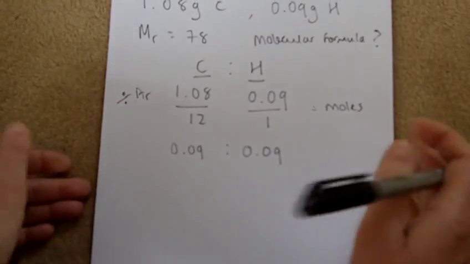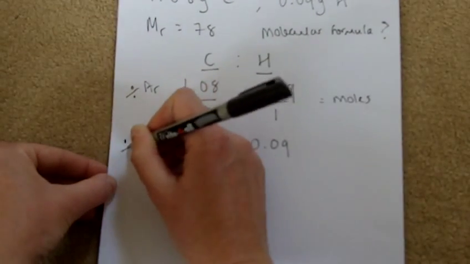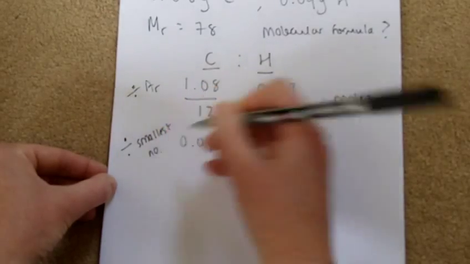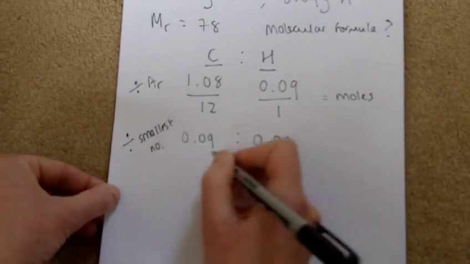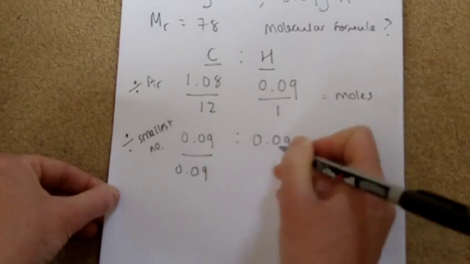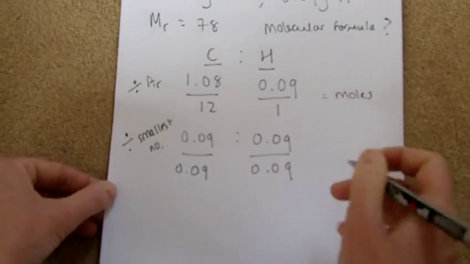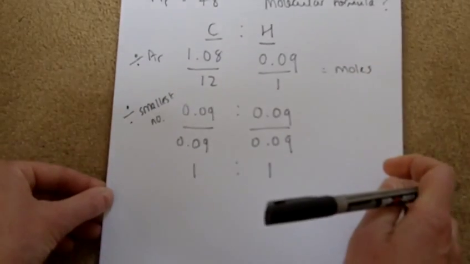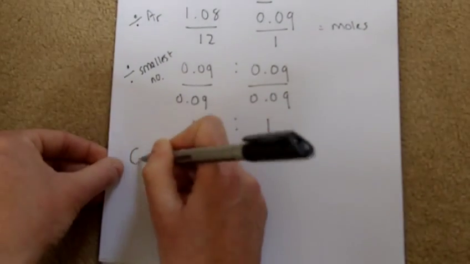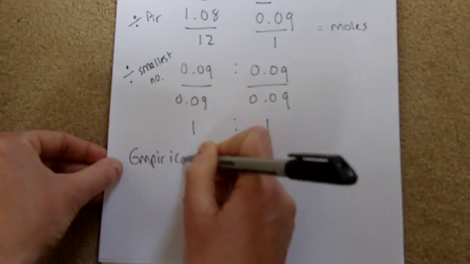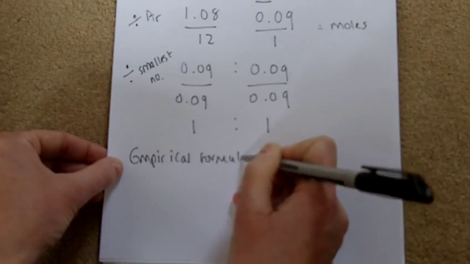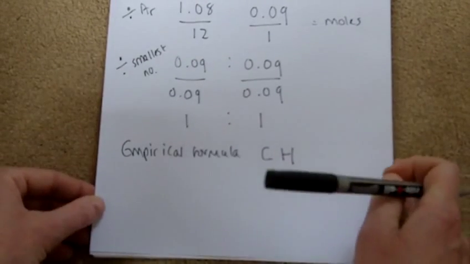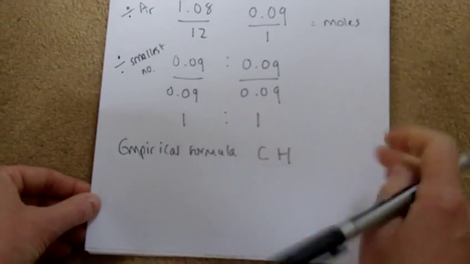This is a simpler example, but the next step is to divide by the smallest number. The smallest number is 0.09, and that gives you a ratio of 1 to 1. And this tells us that the empirical formula is 1 carbon, 1 hydrogen. That is the simplest whole number ratio.